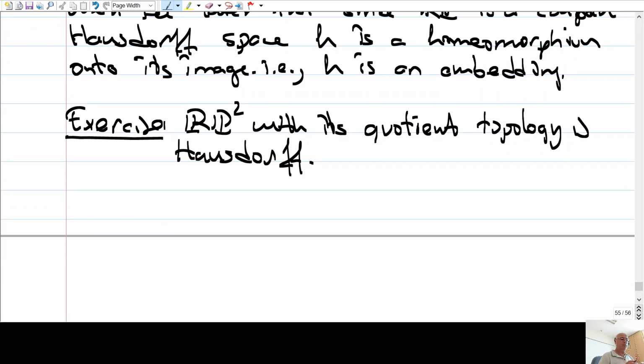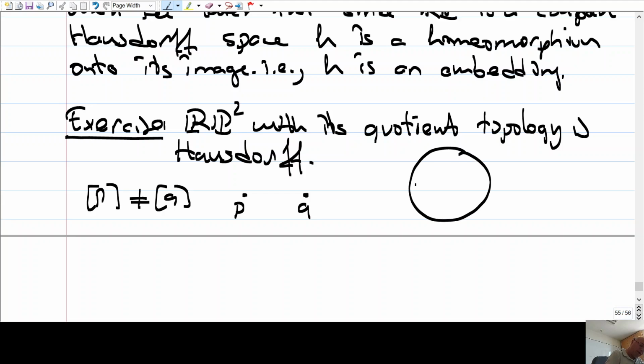Whenever you have 2 points, you have to find open sets containing these 2 points, and these open sets should be disjoint. Okay, maybe I can do this. Take 2 points, the equivalence class of P and the equivalence class of Q. They are different.